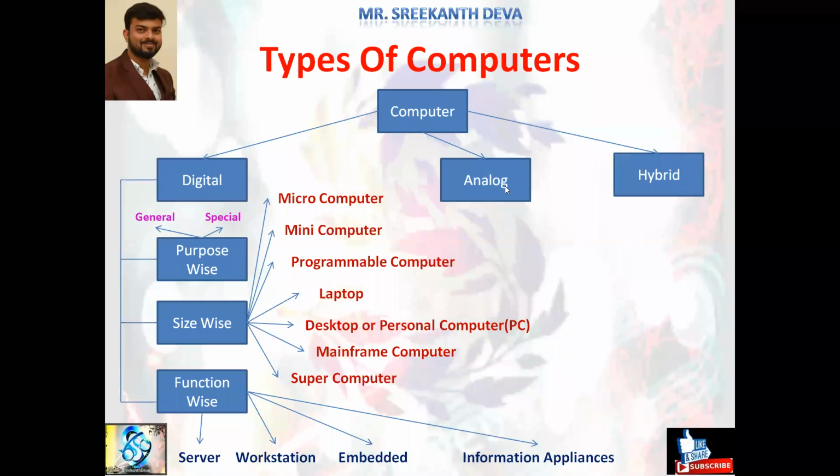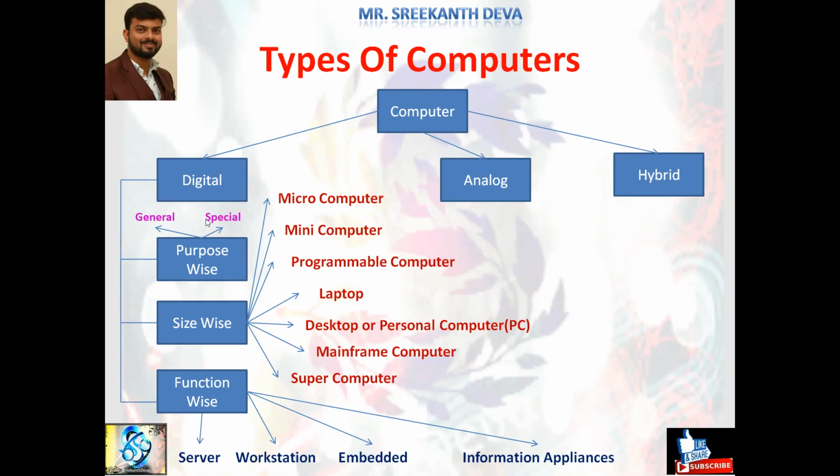Analog computers work on continuous data for measuring things like pressure, temperature, speed, and so on. We will discuss analog in detail in the coming session. Just remember here, hybrid computers are a combination of both analog computers and digital computers.